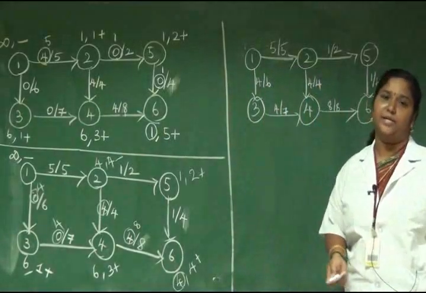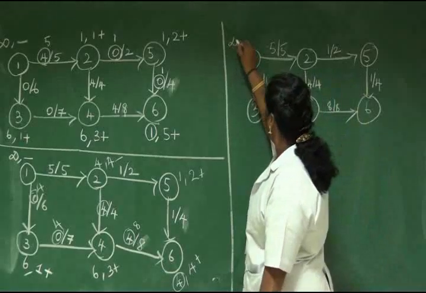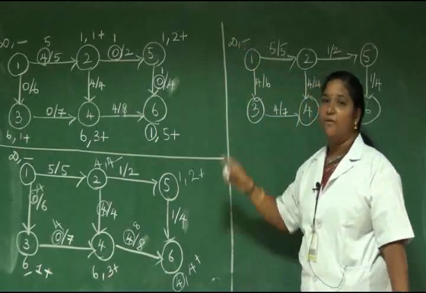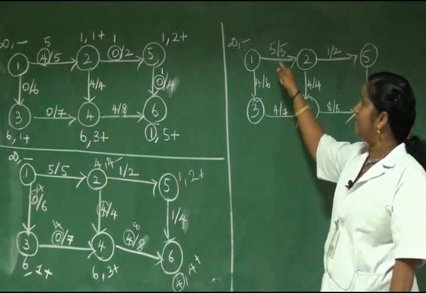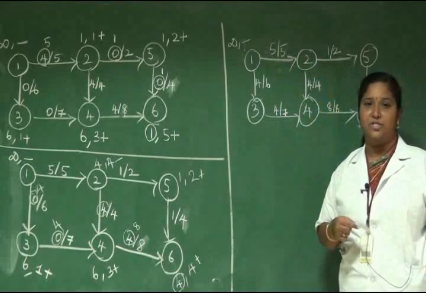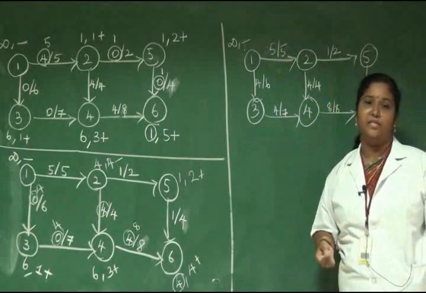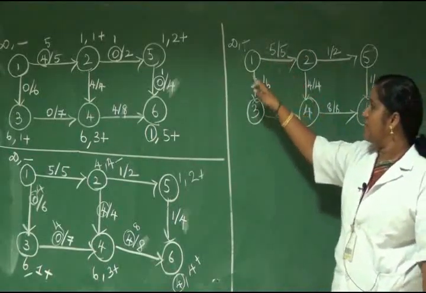So now the same procedure has to be repeated. So label the source vertex by infinity comma dash. So from vertex 1 you can go to vertex 2, but check this remaining capacity. It is 5 minus 5, which is equal to 0. Our condition is the remaining capacity should be greater than 0, whereas here it is not the case. So you cannot use this edge.